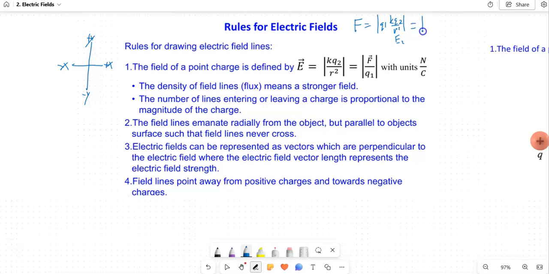So in other words, we could say this is Q1 E2. Well, if we take that force right here and we divide it by Q1, meaning that we're getting rid of it, now we're just looking at the electric field due to Q2 that is acting on Q1. So that's why it's written like that.